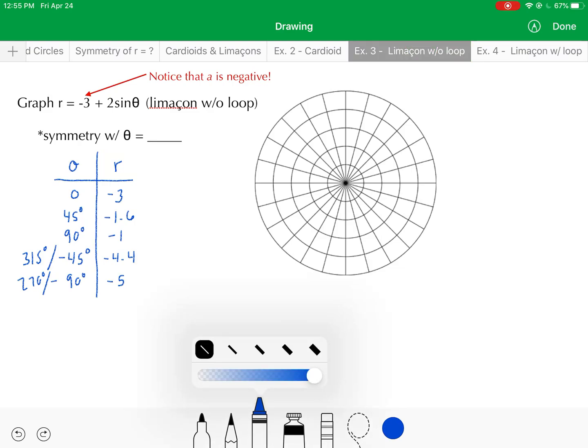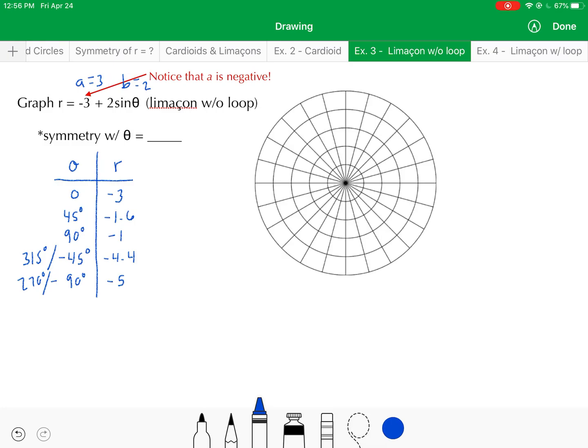Okay, A is 3. And then my B value is 2. So of course A is larger than B here. And we'll see in the end after we plot all of our points how that negative in front of the 3 actually affects the graph here.